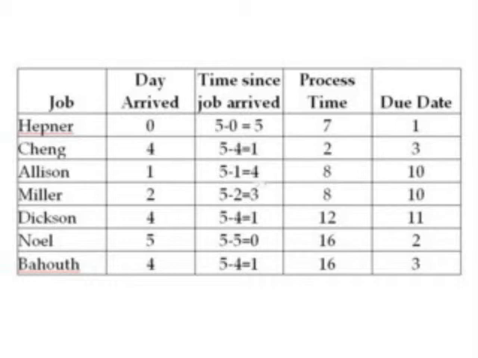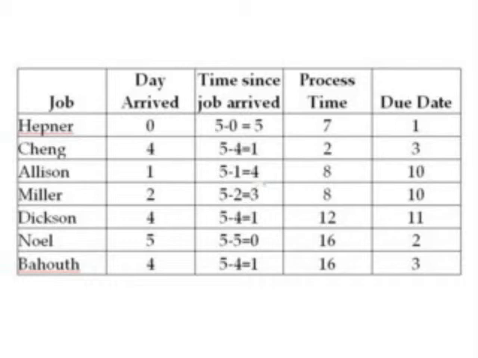So 5 minus 0 is 5. The first job arrived 5 days ago. So if you have this column, the time since the job arrived, then you can easily compute the finish time for each job, assuming that you start again at the beginning of day 5.